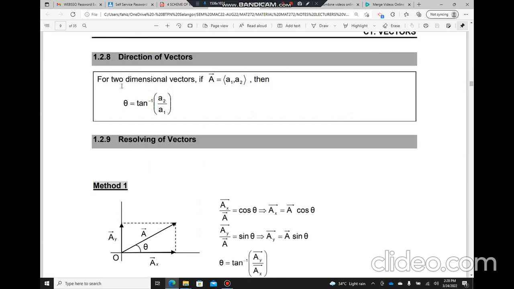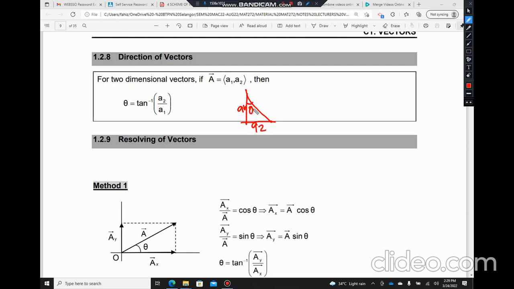Okay, direction of vector for two-dimensional vectors, if A = (A1, A2), okay, katakan kita ada vector A, koordinat dia A1, A2, so theta dia adalah untuk sudut, so kita boleh guna formula tangent negative 1, A2 over A1. So yang ni kita boleh tengok based on contohnya triangle kan, contohnya awak ada A1, A2.